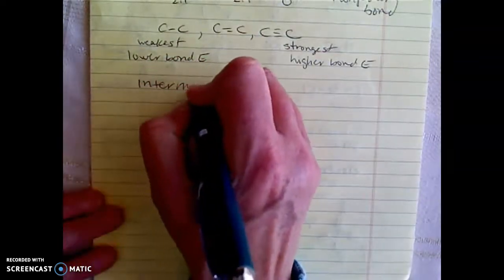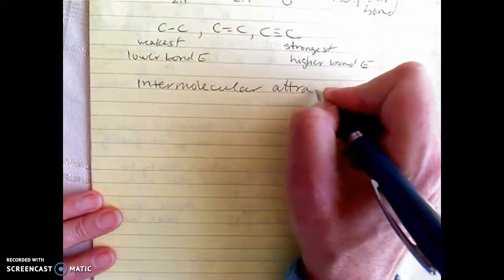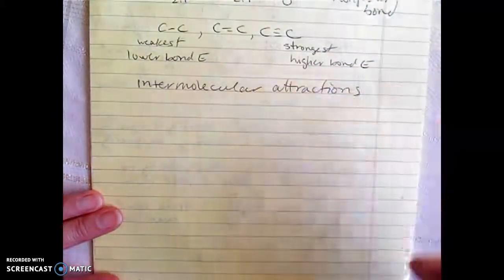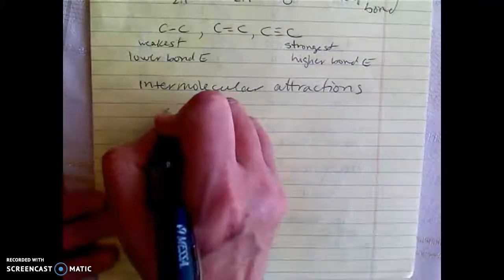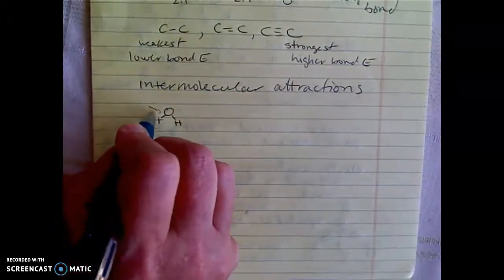When we start talking about molecules, we have to talk about what we call intermolecular attractions. Your intermolecular attractions are those attractions that are between the molecules. So you would have a water molecule. Okay, these are bonds.